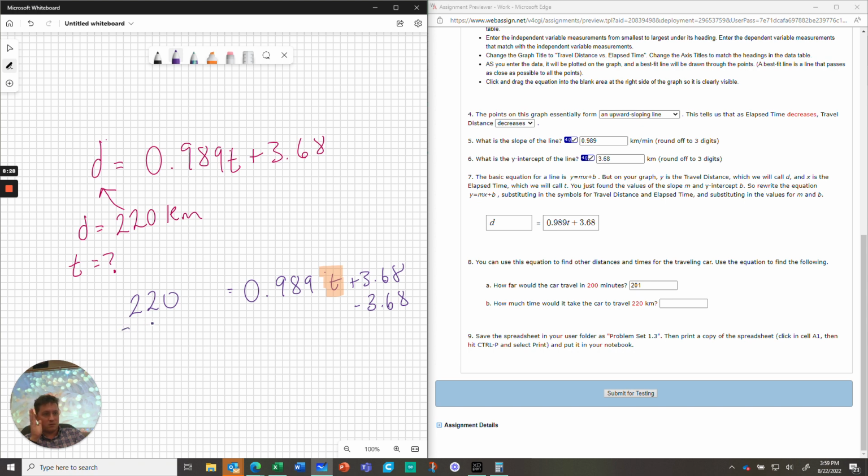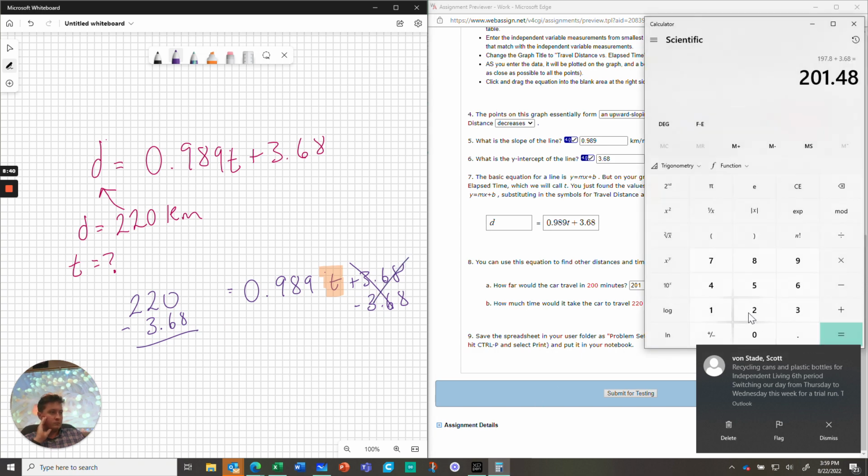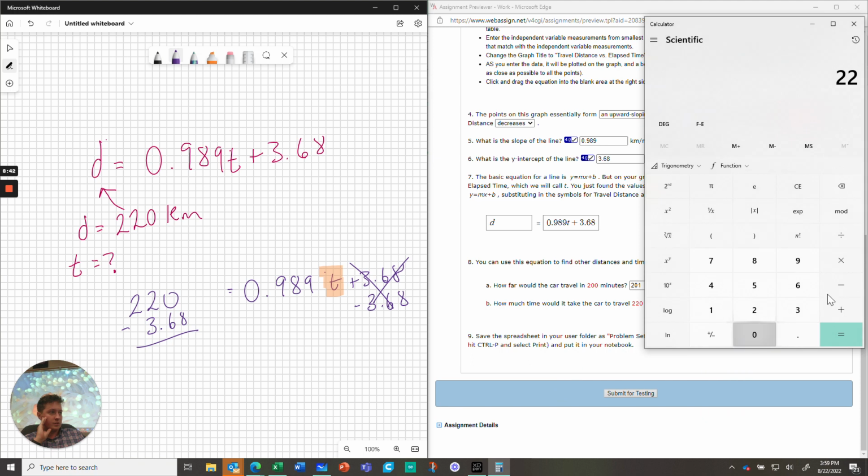Okay, subtract that from both sides. That cancels these. 220 minus 3.68. So 216.32. Now this is an intermediate answer. We haven't figured out the whole problem yet, so I'm not rounding until the final answer.